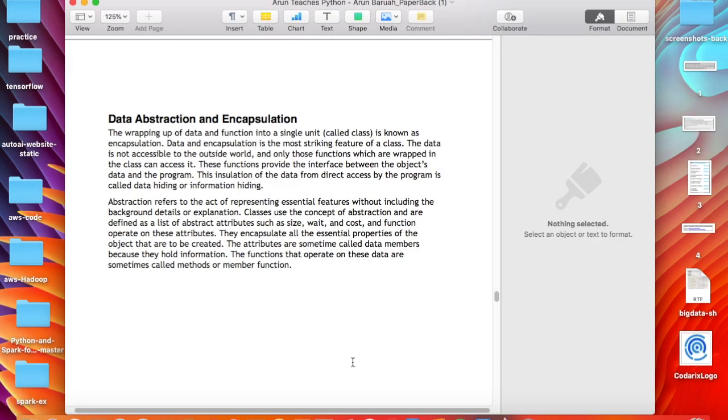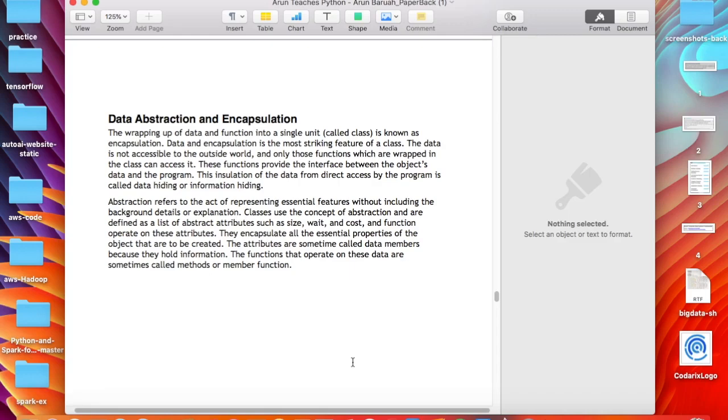The functions provide the interface between the object's data and the program. This insulation of data from direct access by the program is called information hiding or data hiding.